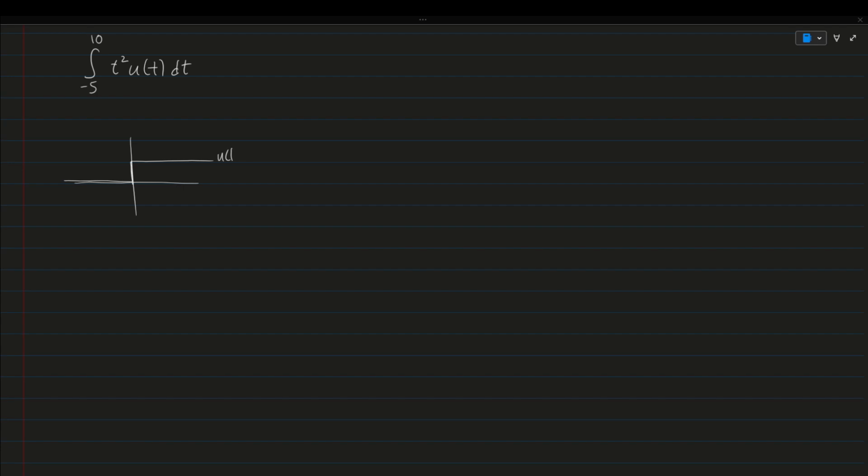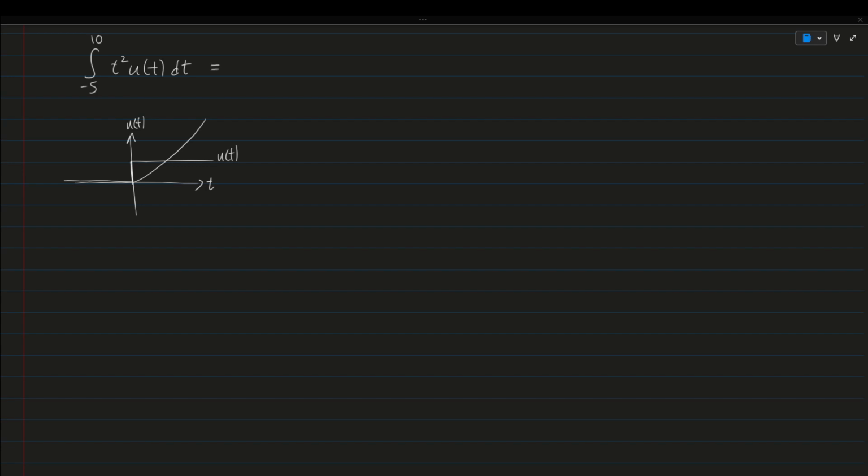And so if this is u of t over time, then t squared times u of t is just going to be something like this. And the important thing here is that whenever you have a unit function inside of an integral, you should always use the property to reduce the bounds. What do I mean by that?